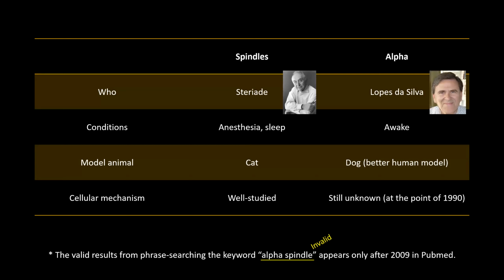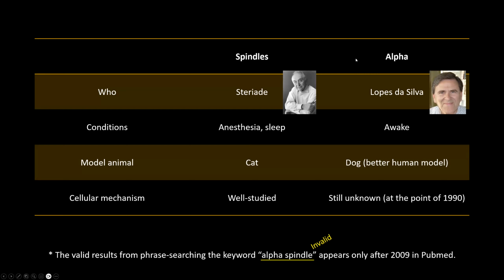Spindles were studied in steroid preparations and recorded during anesthesia or sleep, and they were mostly studied in cats. And they were studied very well, so the generative mechanism of the spindle is very well understood. Actually, that's a great advance.